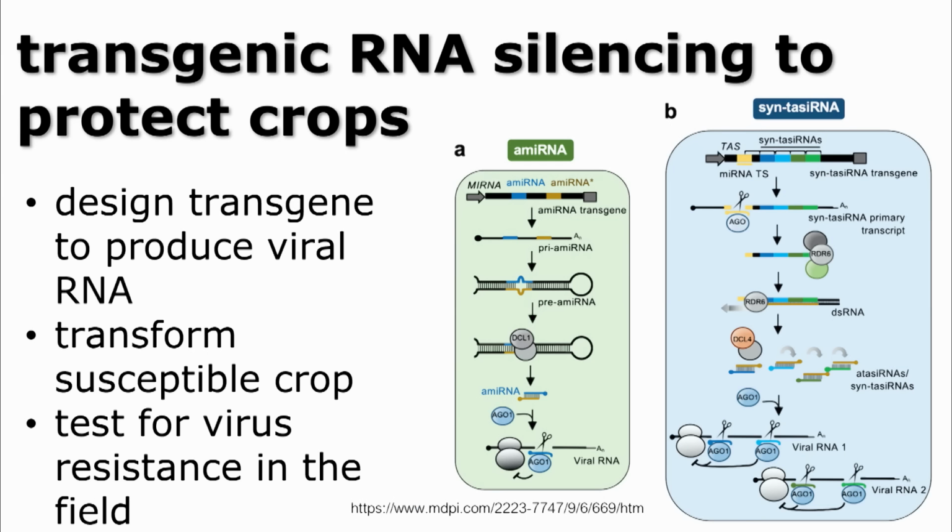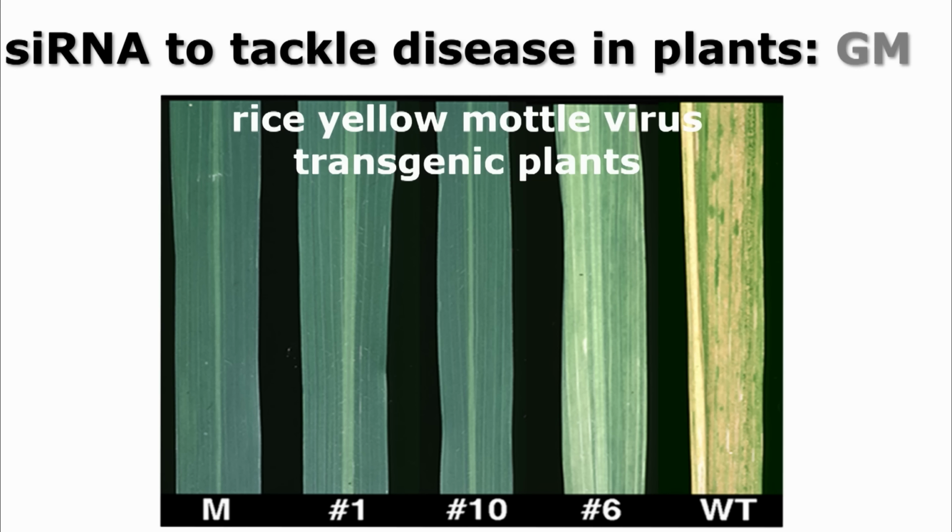This is a very versatile technology, and it could be used to protect almost any crop against any viruses. And one of the few frustrations in my career is that due to global resistance to GM technology, we have not been able to deploy this on a large scale. This is one of the examples from our work.